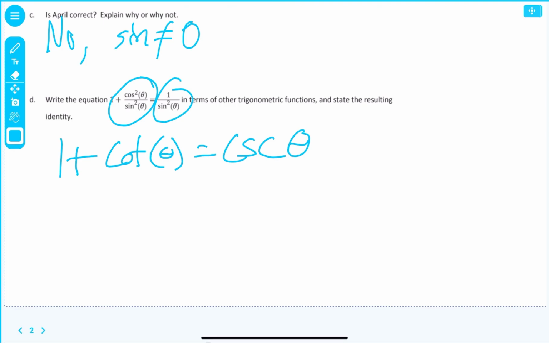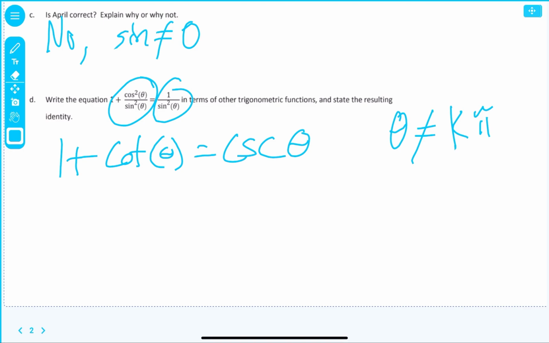Therefore, theta still cannot be any multiple of pi because cotangent is cosine over sine.